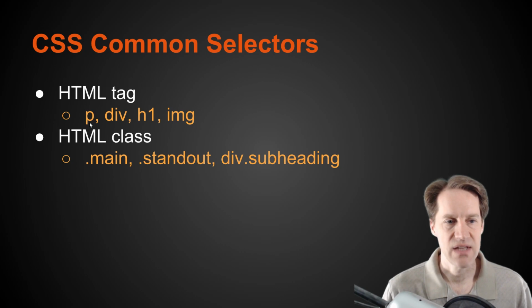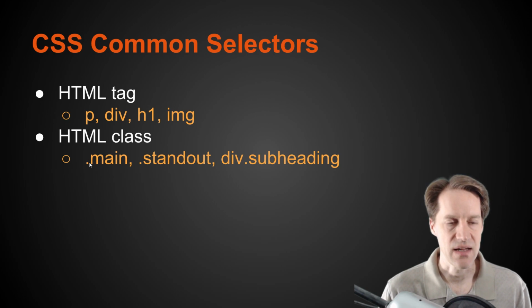So if you have set p tags with a main class, you can target how you want those to be styled just by saying everything called main. And you can have different tags that are called main, like maybe you have an H1 called main and a div called main. Well, it's going to apply those styles to both of them if you don't specify a tag here.